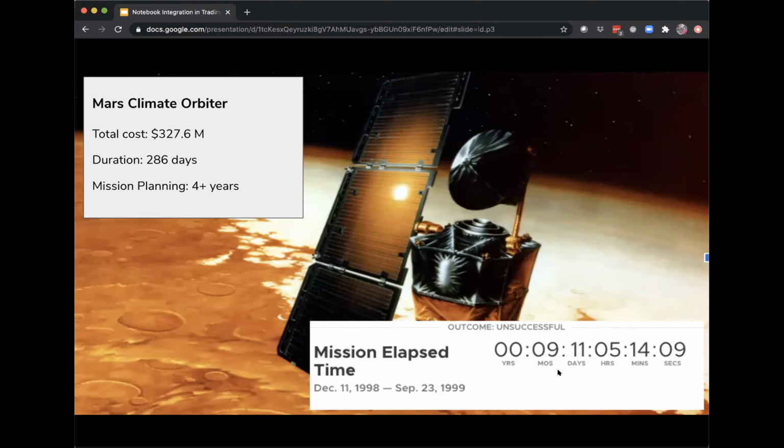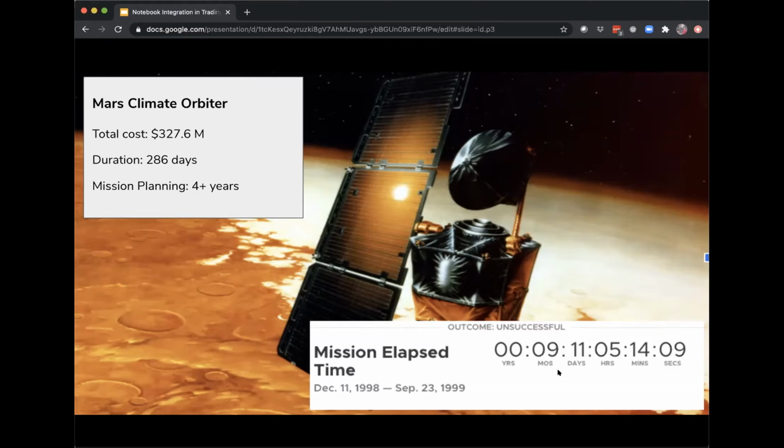The way the media chose to say it was that on September 23rd, 1999, the Mars Climate Orbiter was lost during the attempt to establish orbit simply because of a mathematical error. This was an initiative that had been invested in north of $300 million, planned for 4+ years, and was in orbit or en route for 3/4 of a year.